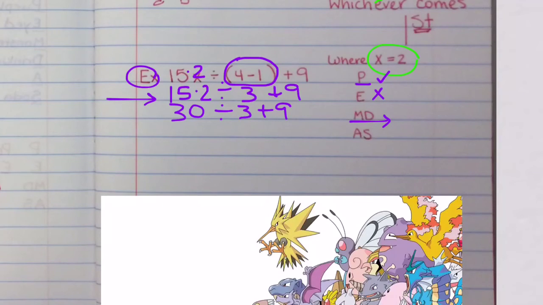We're still on multiply divide from left to right. So now I have 30 divided by 3. That gives us 10 plus 9. So now all that's left, I'm done with my multiply divide. All that's left is add and subtract, and the only thing I have is 10 plus 9. That gives me 19. And I check off that step.